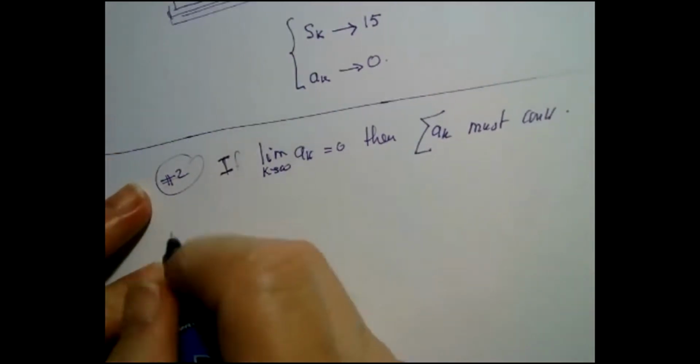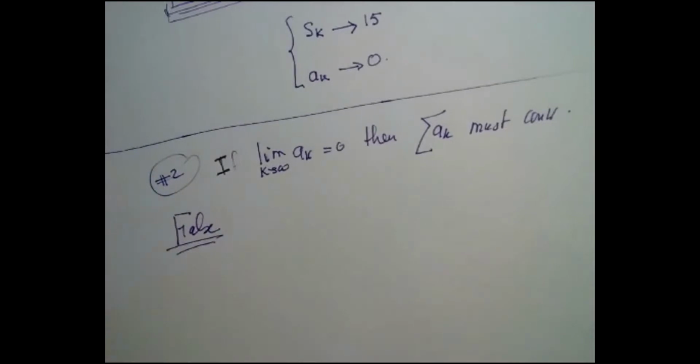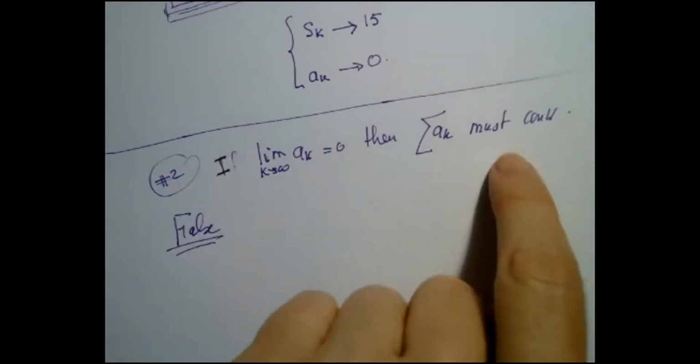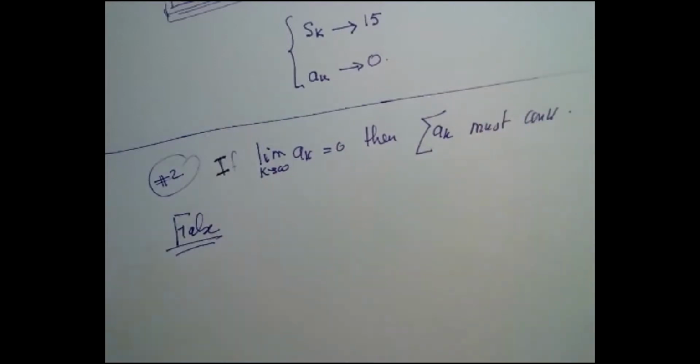And the answer was false. A lot of you mentioned the divergence test, which tells us that if the limit is not 0, the series diverges, but if the limit is 0, it could go either way.